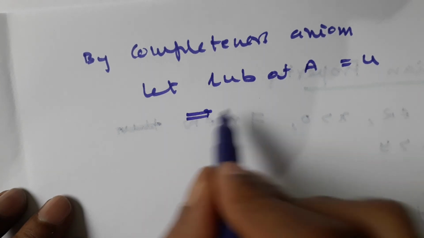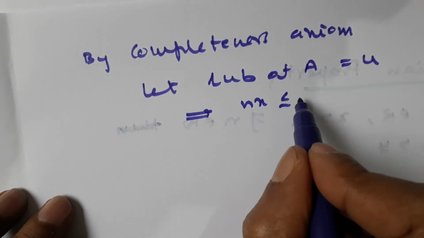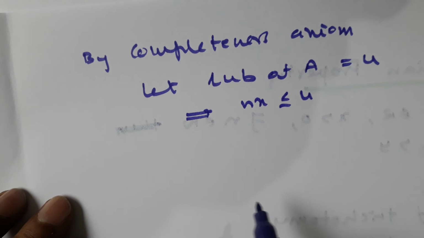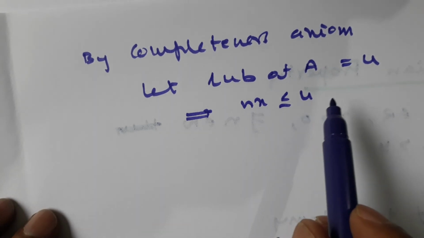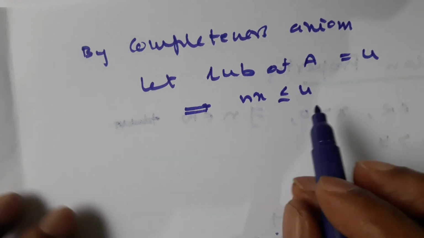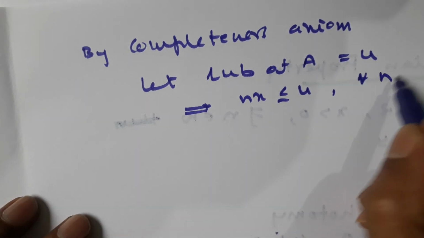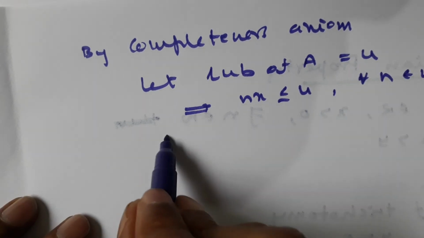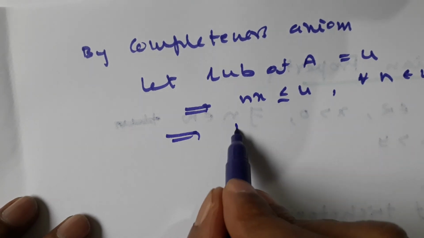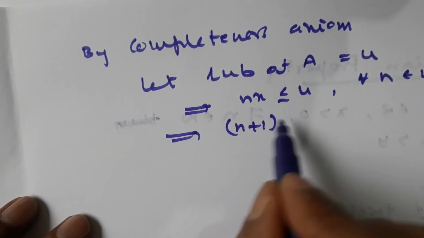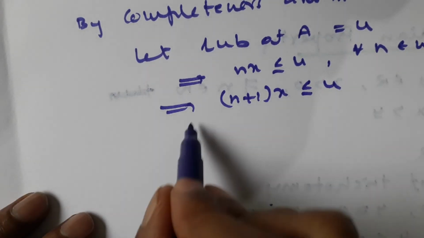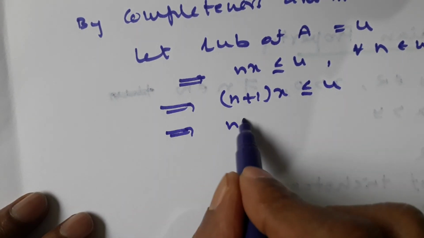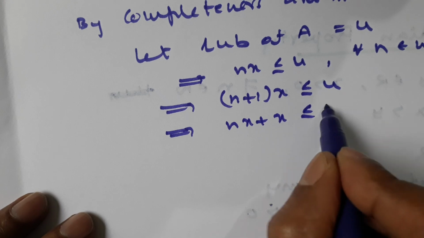This implies nx must be less than or equal to u. So whatever the elements of A, they must be less than or equal to u, because u is the least upper bound, for all n belongs to N. This implies for all n, even (n plus 1) x also is less than or equal to u. This implies nx plus x less than or equal to u.